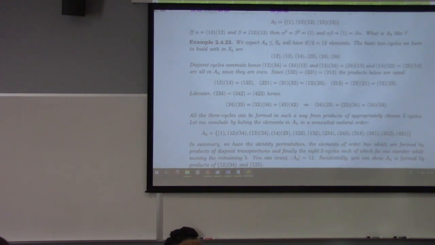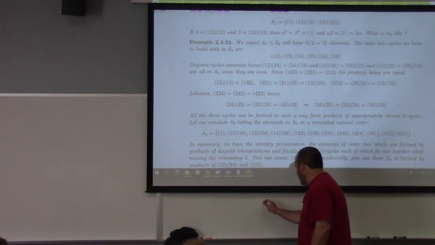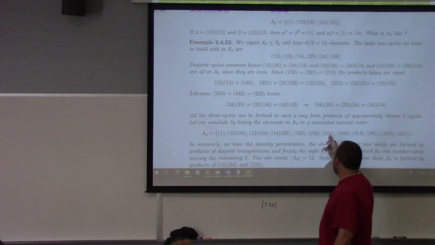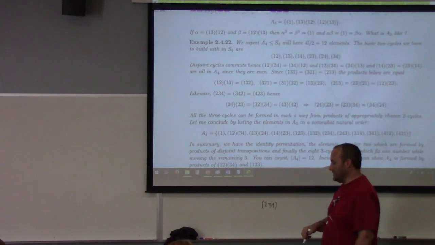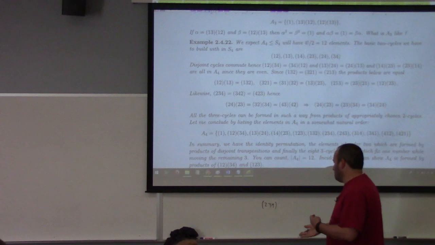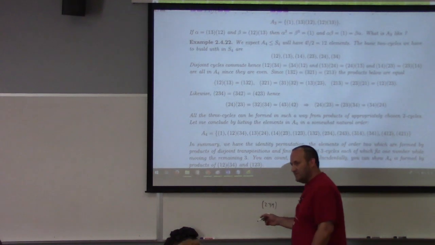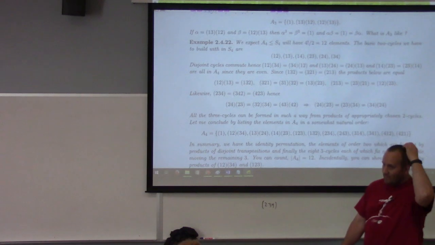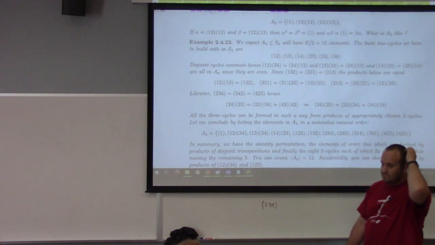So what I'm trying to say is you'd actually need to start doing some calculations. 2, 3, 4, that's here, right? Try conjugating that by, I don't know, it seems like 1, 2 ought to do something to it. Oh, but I can't do that. Why can't I conjugate by 1, 2?